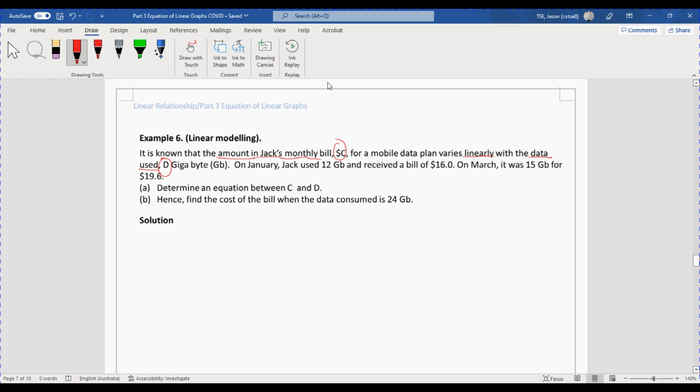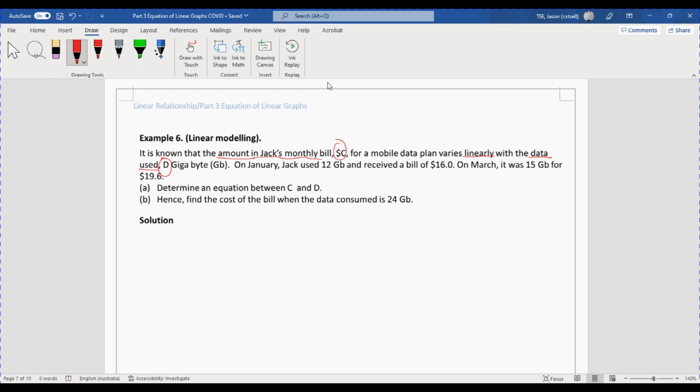Then the question will provide you some figures. On January, Jack used 12 gigabytes and received a bill of $16. And then you need to refer these two given numbers back to the letters.